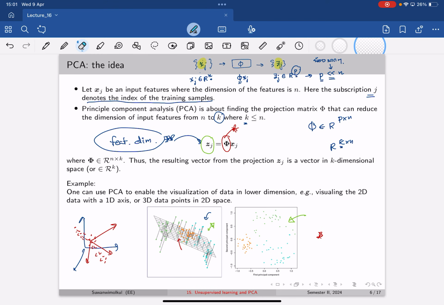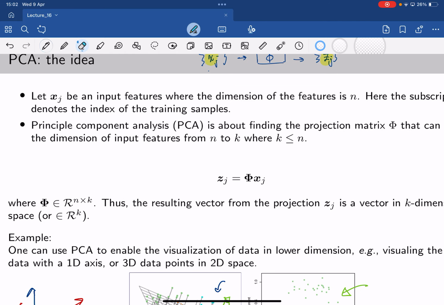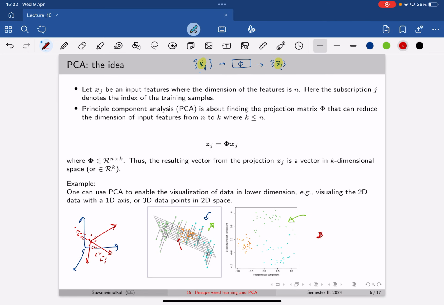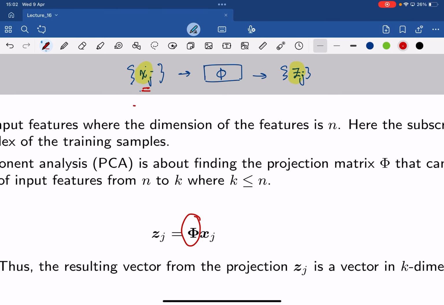So, what is PCA? PCA is actually a concept of finding the projection matrix phi here. You can think of the fact that initially you have input X in R^n, and then you have this matrix phi.